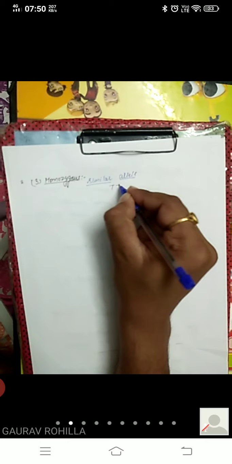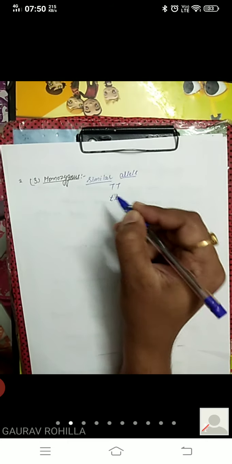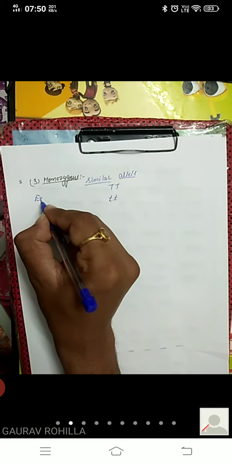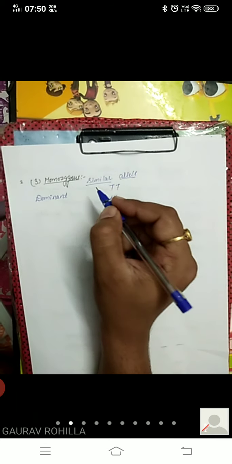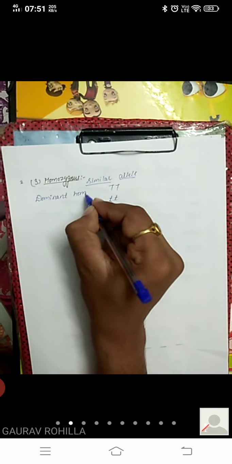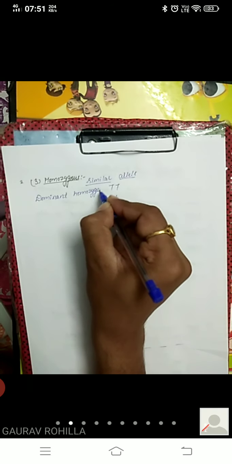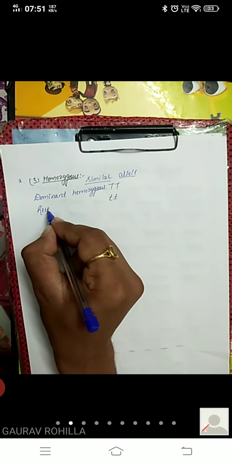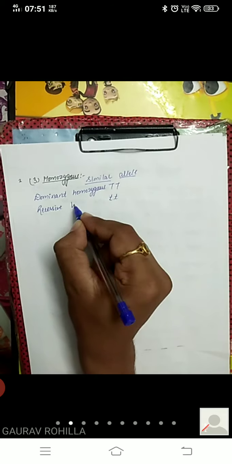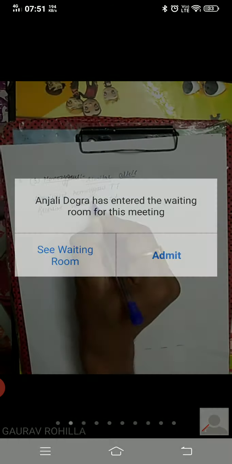Capital T capital T is a dominant homozygous, and small t small t is a recessive homozygous.